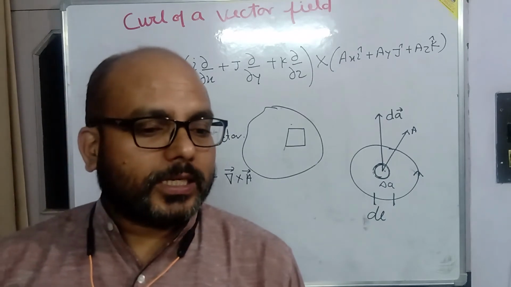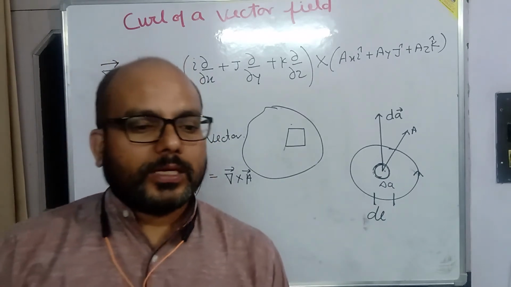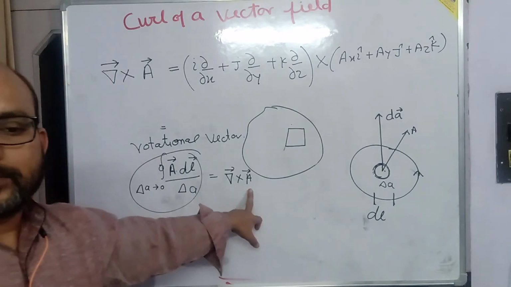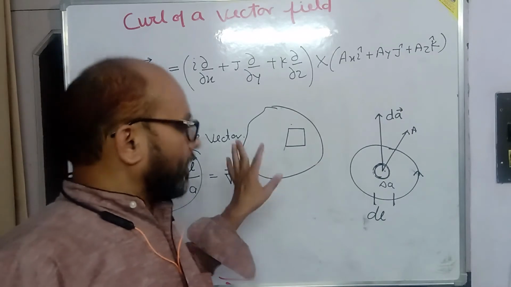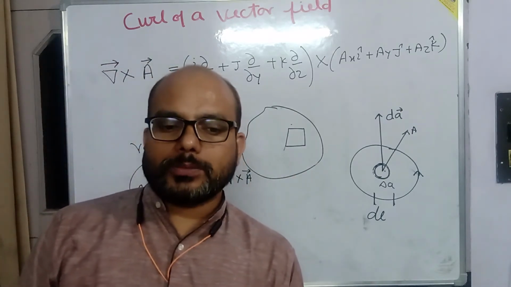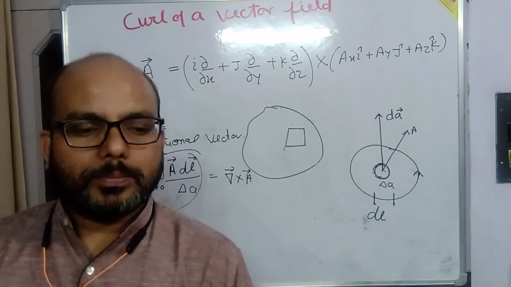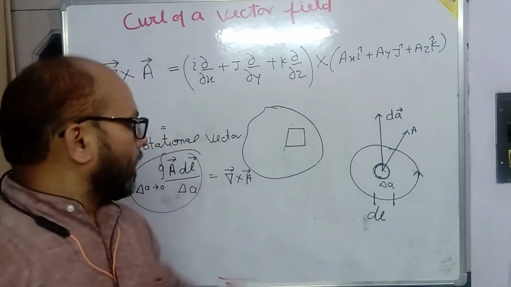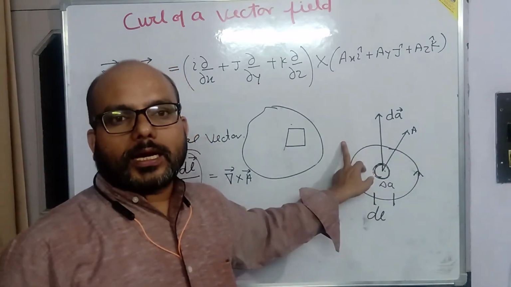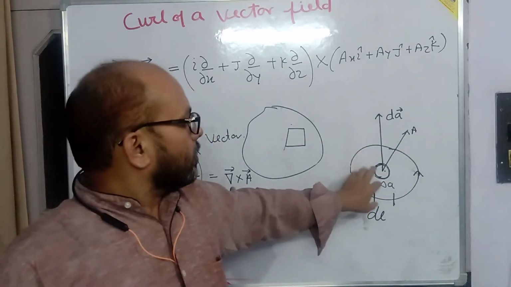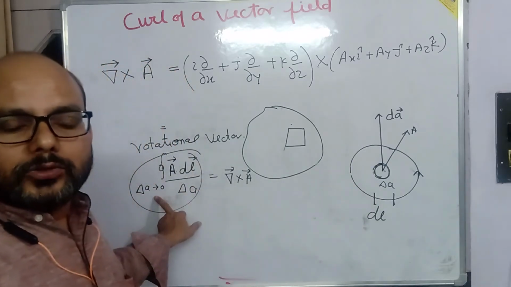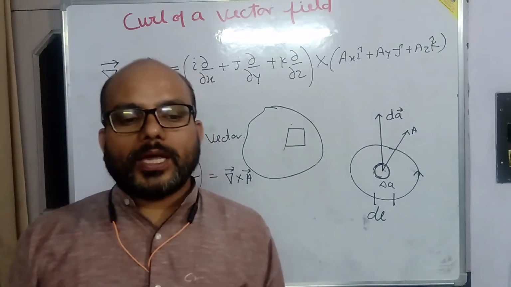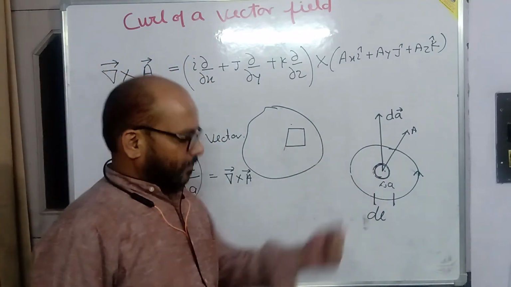The curl of a vector A is denoted by del cross A, a vector quantity whose magnitude is the maximum net circulation of A per unit area, as the area tends to 0, when the area is oriented to make the net circulation maximum.